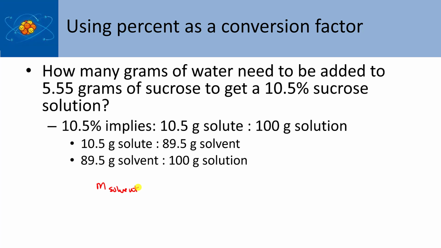So in order to do that, we're going to calculate the mass of solvent. So I'll start with the 5.55 grams. And then it's 89.5 grams of solvent for every 10.5 grams of solute.